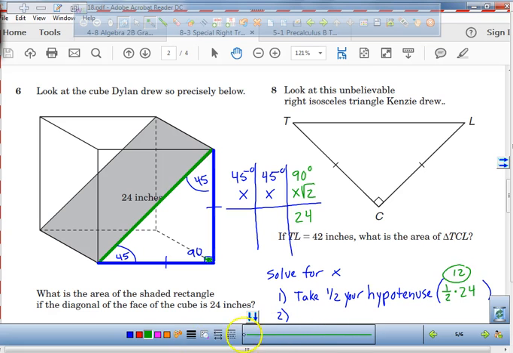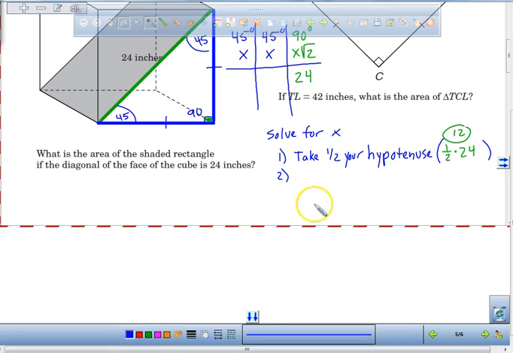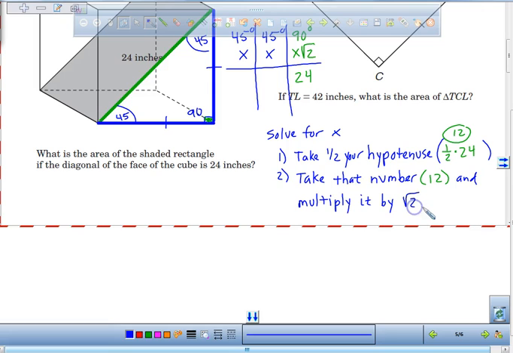Okay? So here's the next step. I'm going to take that number, which is a 12, right? We are going to take that number and multiply it by radical 2.